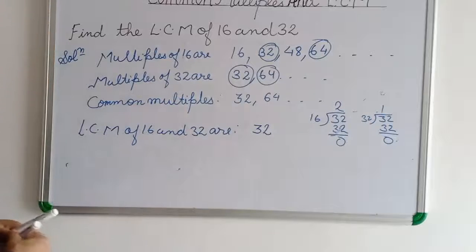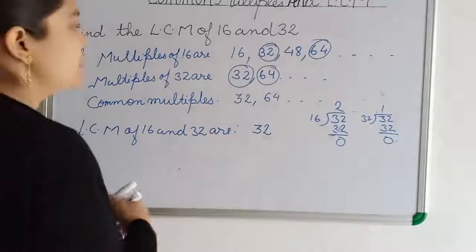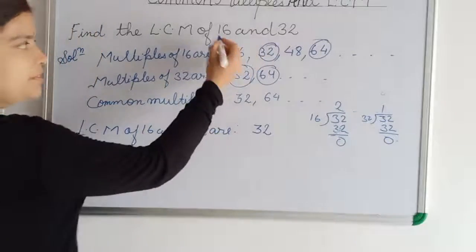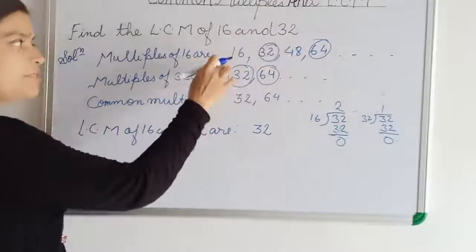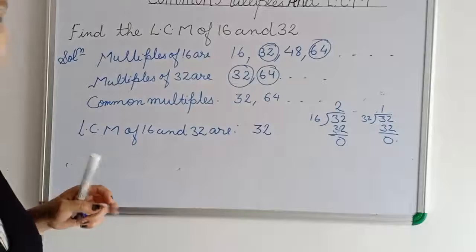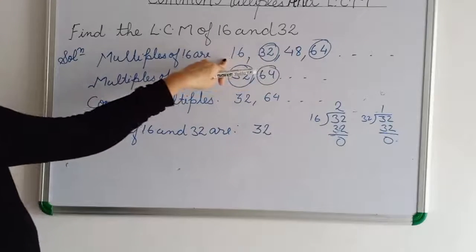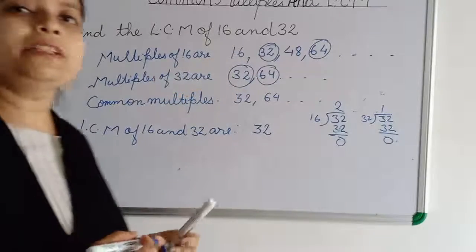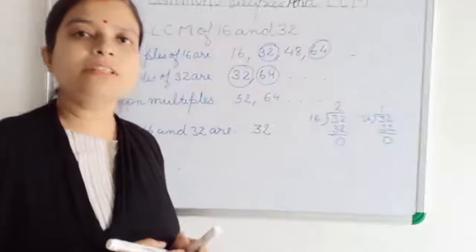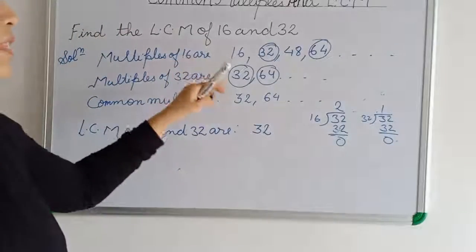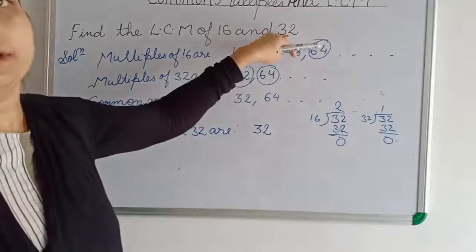Now children, you can see that 16 twos are 32. 32 is the multiple of 16. So when one number is the multiple of another number, then the LCM of that pair will be the bigger number.